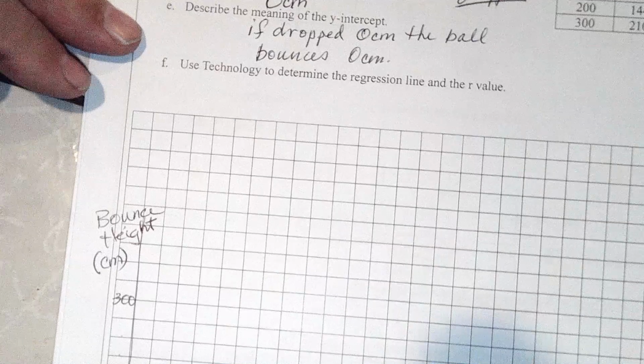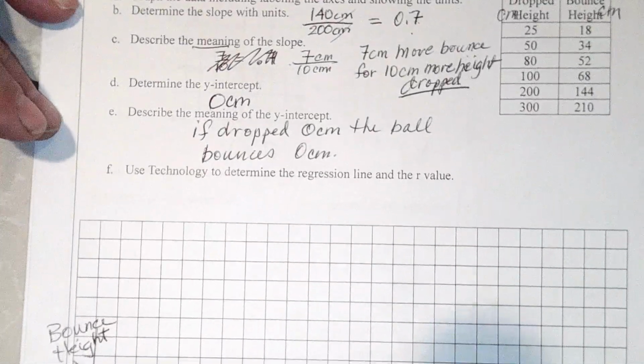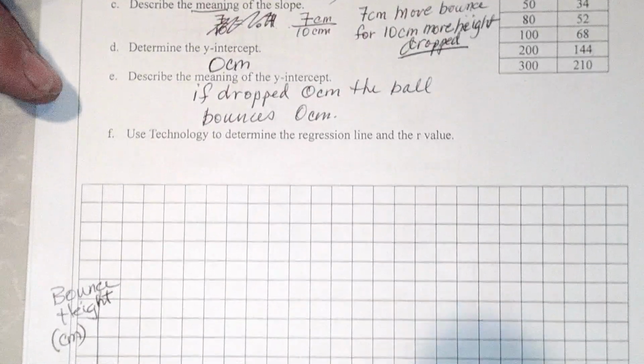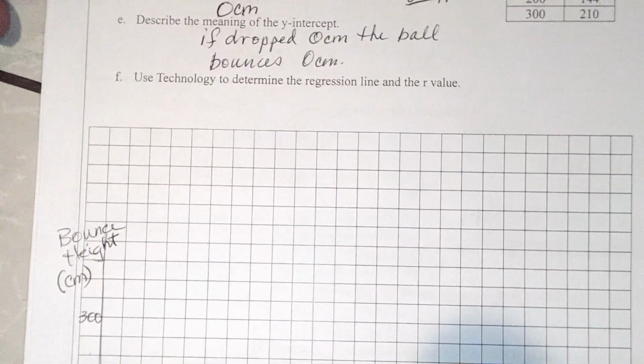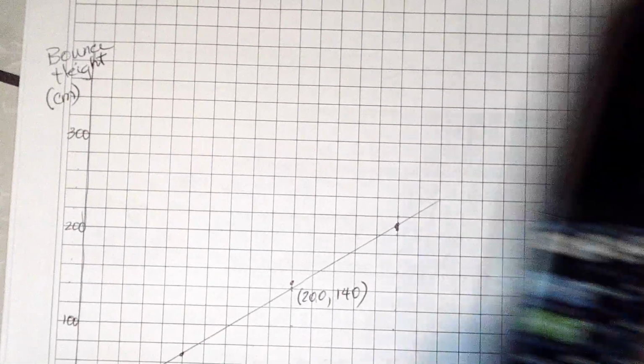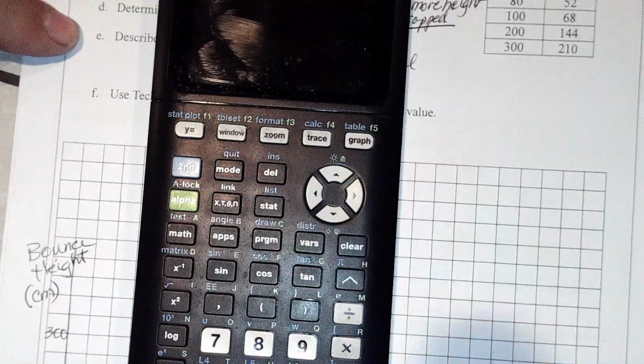Okay, so we got all that. Now it says use technology to find the regression line. I didn't ask you to find the line up here. So now we're just going to get the technology to tell us the line.